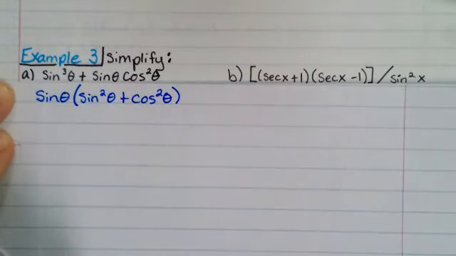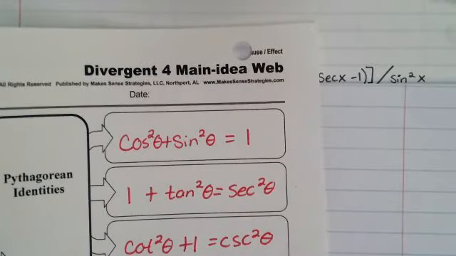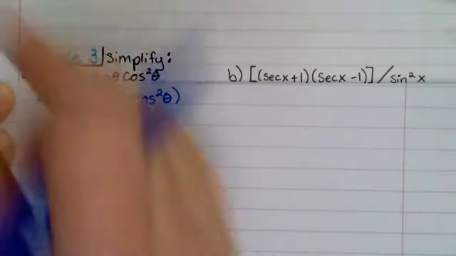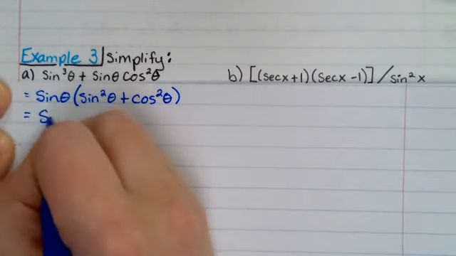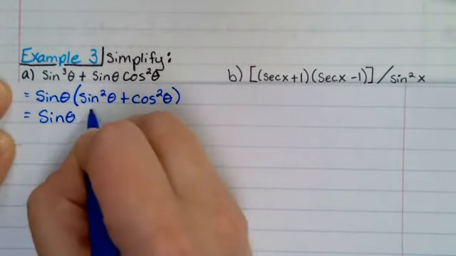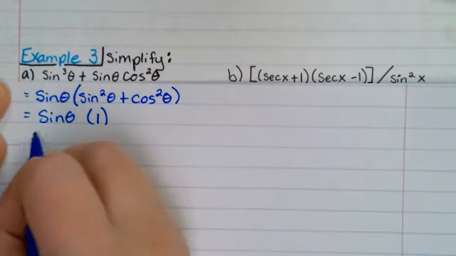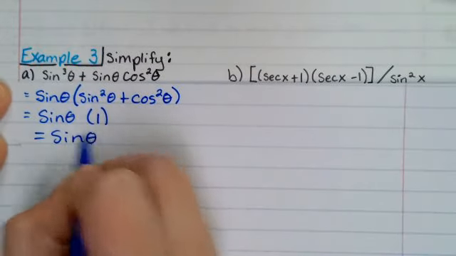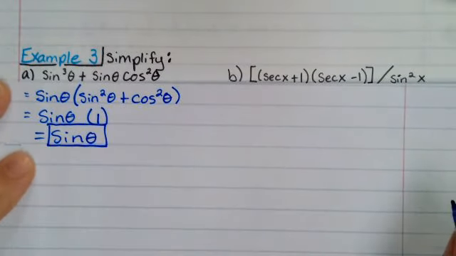And sine squared plus cosine squared is 1. So I can replace this whole set of parentheses with just a 1. This would be sine of theta times 1, and that's just sine of theta. So we took an ugly expression and simplified it down to one trig function. I feel like those are satisfying.